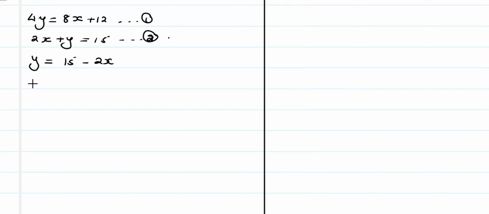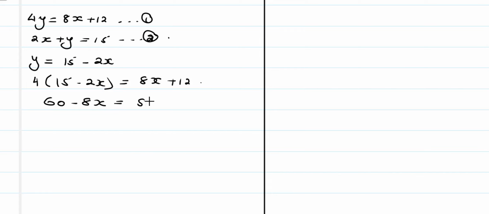Then from there, I replace on the first equation, every place I have y, I'll replace with 15 minus 2x. So the first one, I have 4 into 15 minus 2x is equal to 8x plus 12, like that. So I open the brackets. 4 multiplied by 15 is 60, minus 4 multiplied by 2x is 8x, is equal to 8x plus 12. Then I group like terms together.